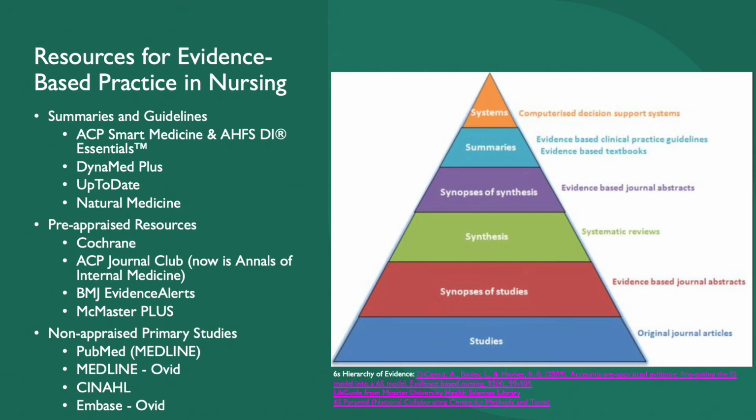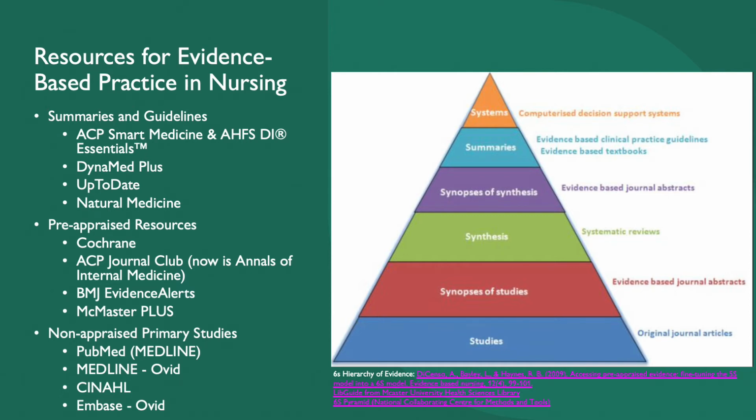Your textbook offers you a list of some resources for evidence-based practice. I am going to list some more for you. One of the things your textbook talked about is the 6S hierarchy of evidence-based resources.